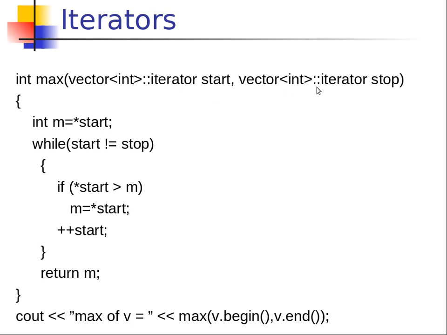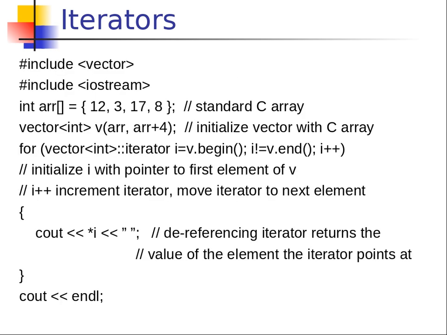You pass it the iterator pointing to the beginning, the iterator at 1 after, aka the end. So you just keep going forward with start until you hit stop, and then you're done. This is just to show you another way to use it, to make sure you understand iterators a little better.